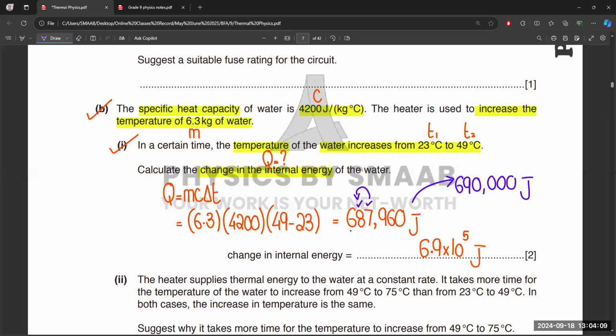Basically, we have 6, 8, 7. After 6, we have 8, right? And we know this 8 can be rounded off with the help of 7. So a 7 helps 8 to round it off to 9, right? So we make it 9. And rest of the values we can just round it off to 0, 0, 0, 0, 69, 690,000 joules.